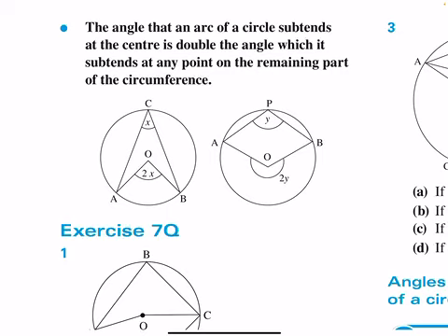So what happens? The angle outside is double the angle on the inside. 2 points, again, 2 points on the circle. Do not forget, they have to be on the circle.